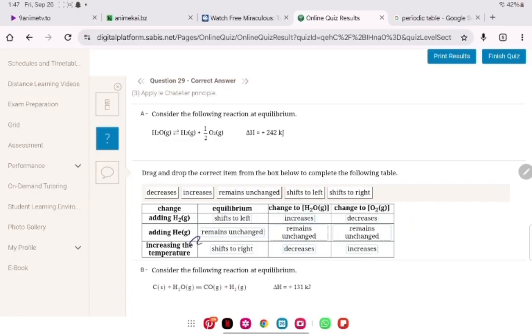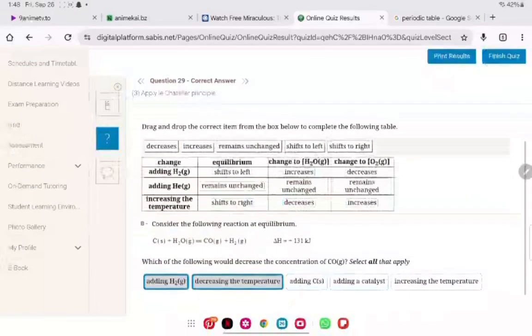Increasing the temperature, the system will try to decrease the temperature. Since it's endothermic, because it's positive 242, and the system tries to decrease it, it's going to move forward, so shifts to the right, H2O will decrease and O2 will increase.